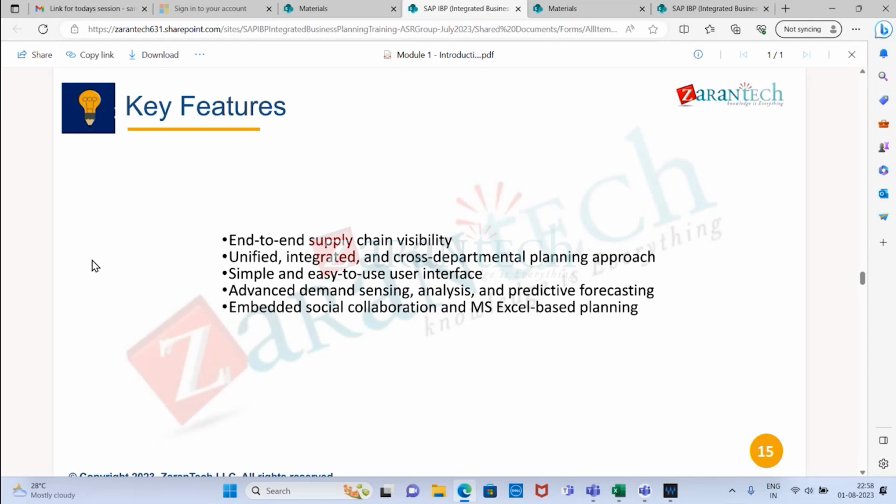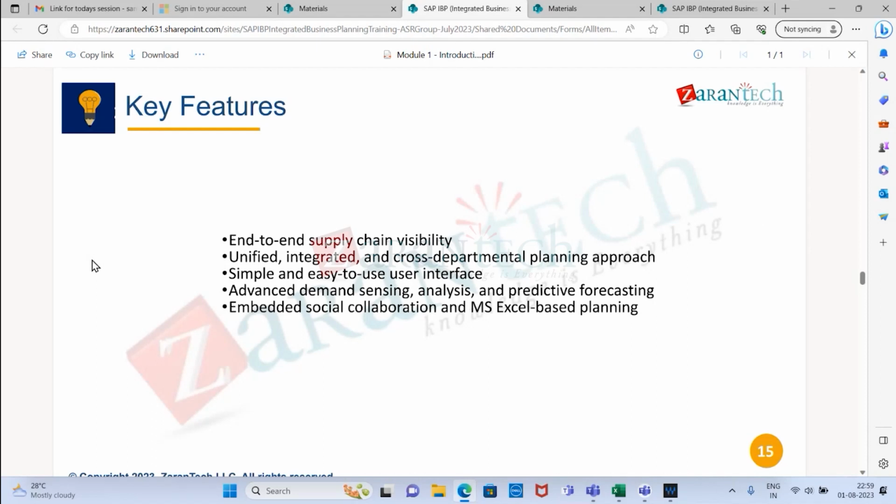It provides most of the data output in the Excel spreadsheet that is widely used by the organization. Most of the planners or planning team professionals are extremely comfortable with the Excel spreadsheet, and they use it widely in day-to-day operations. So they are extremely comfortable in adopting IBP because of its user interface.